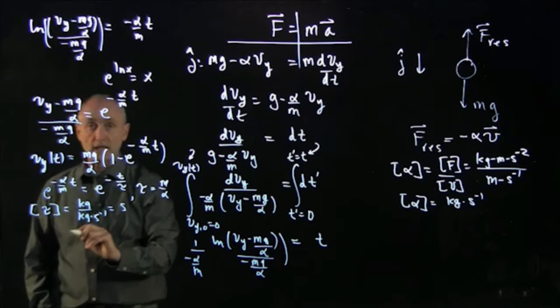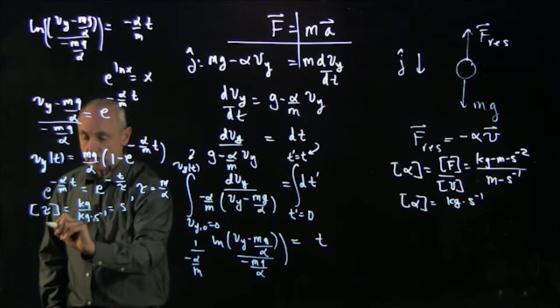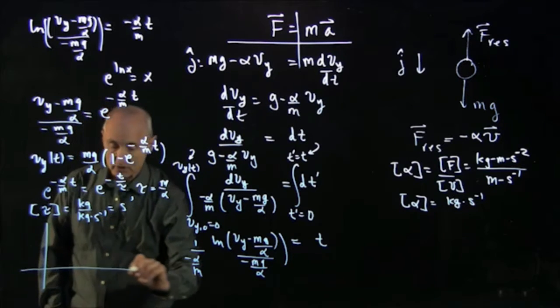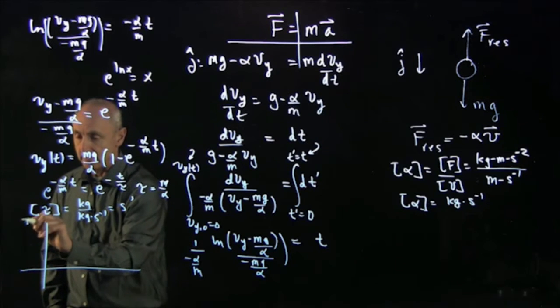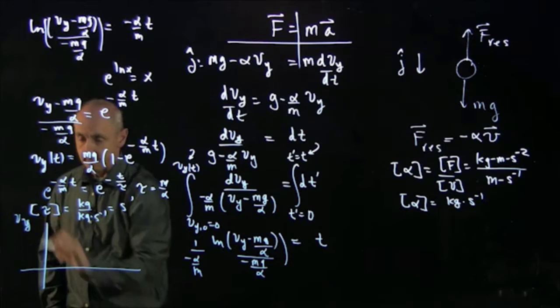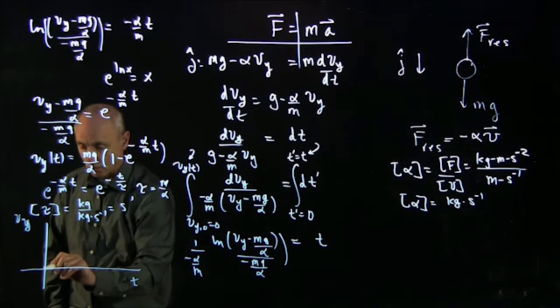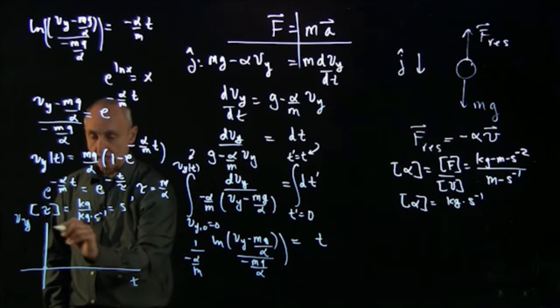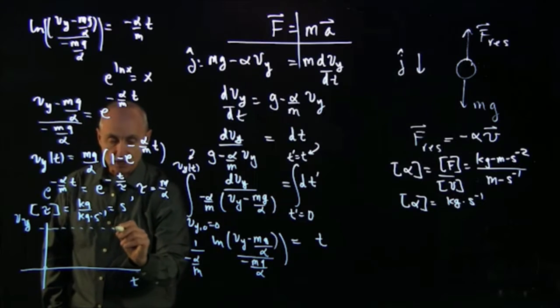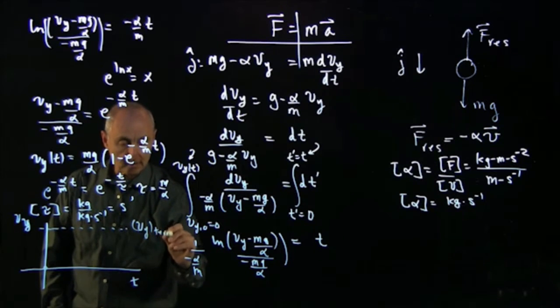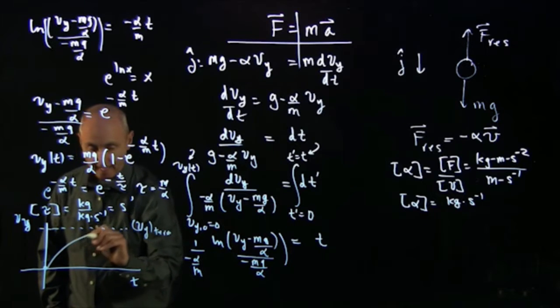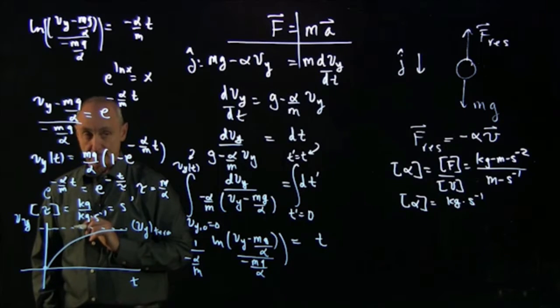Now, the last thing we'd like to look at is let's just see what happens when we plot this. Well, if we're plotting Vy as a function of t, we start off at 0, and we're going to reach some terminal quantity, Vy terminal, which is when we have a graph like that.